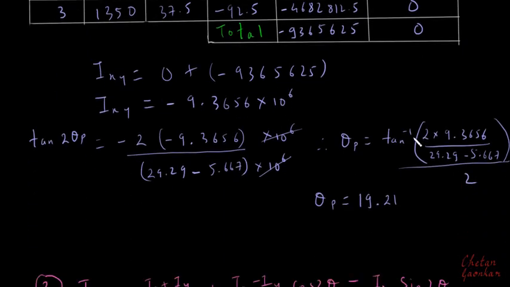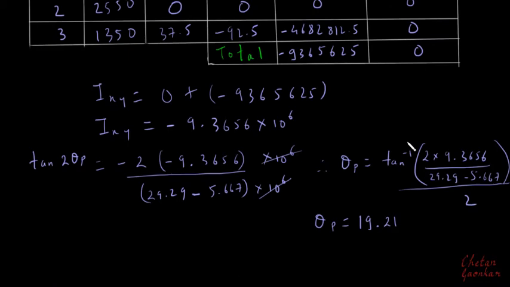So theta P2 will be 90 plus theta P1, and that will be equal to 109.21. So this is all about the orientation of the principal axis.